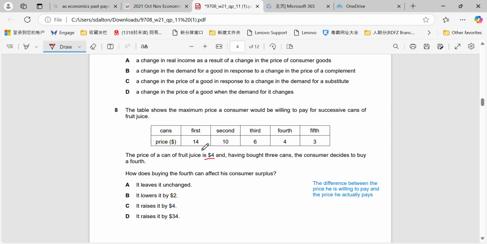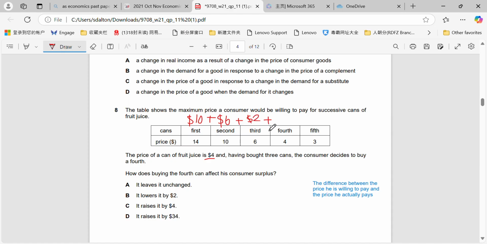The price is $4, but he is willing to pay $14 for the first one. So when he purchases the first one, the size of his consumer surplus is $10, plus $6 when he purchases the second one, plus $2 when he purchases the third one, because he's still willing to pay $6, but he's only paying $4.